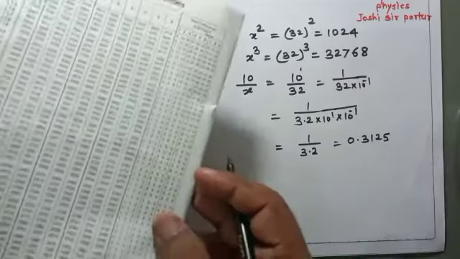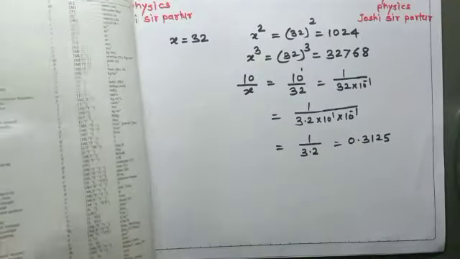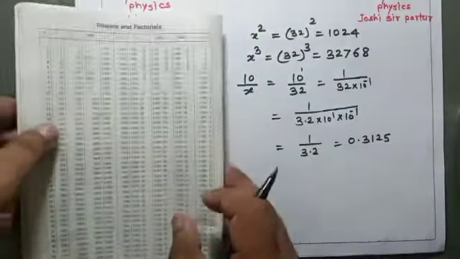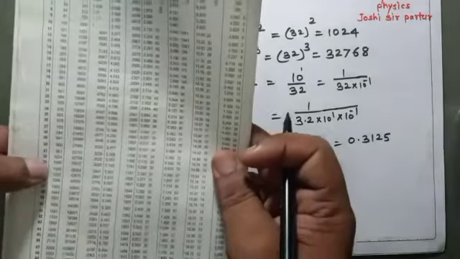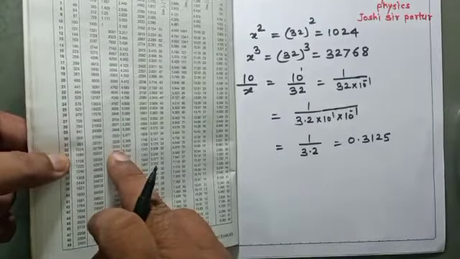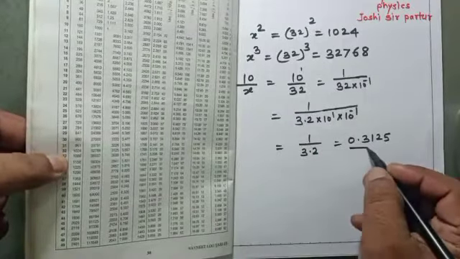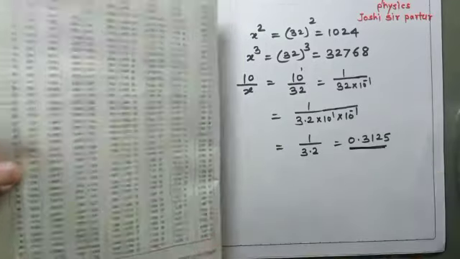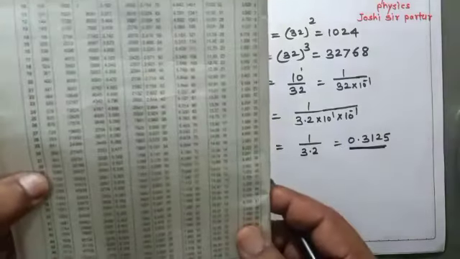But in the powers and factorials table, a facility is there for 32. When we see 10 upon x, it is directly 3.125. It can be directly written. This facility saves time in calculation.